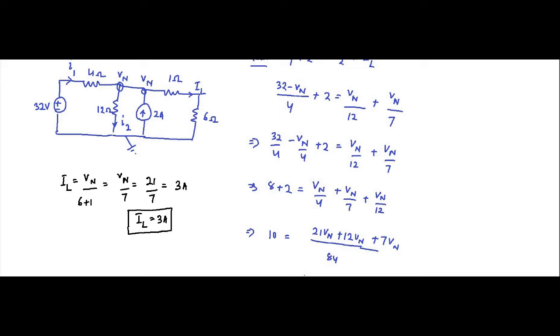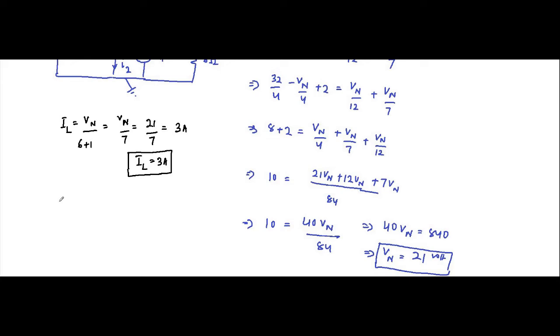Now we have to find out the individual currents. I1 is equal to 32 minus Vn by 4, which is 32 minus 21 by 4, which is equal to, let us calculate, okay, 32 minus 21, sorry, it is 11 by 4.